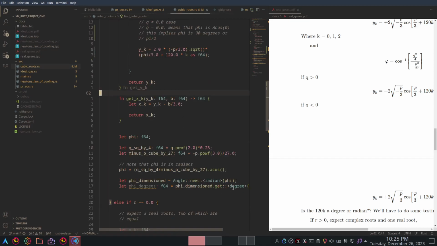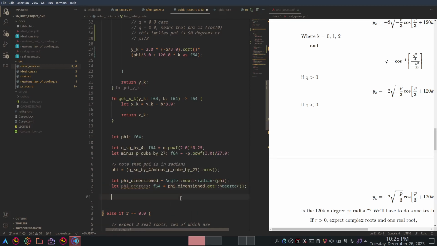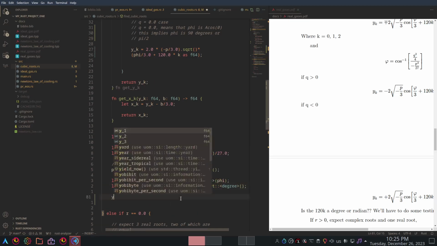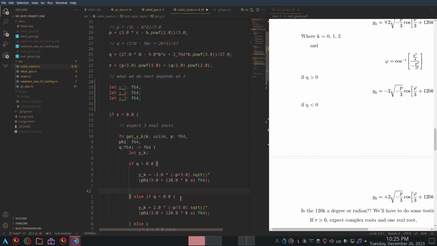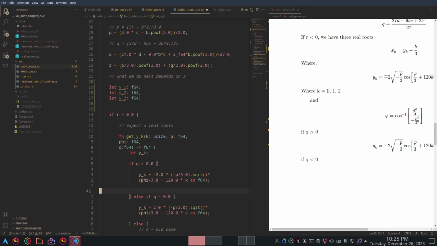So where is it? Yes, here is our phi in degrees. We already got that. So let's get our y1, y2, and y3. Okay, y1. Or rather not y1, y2, and y3, because I thought I misremembered.